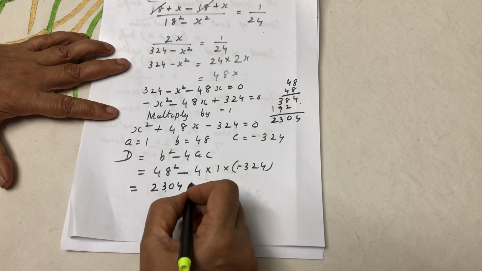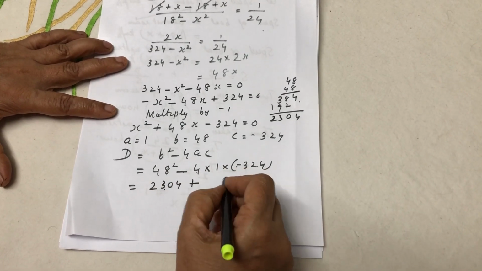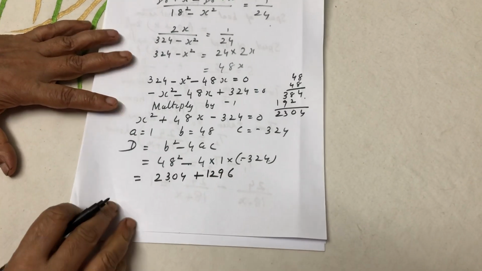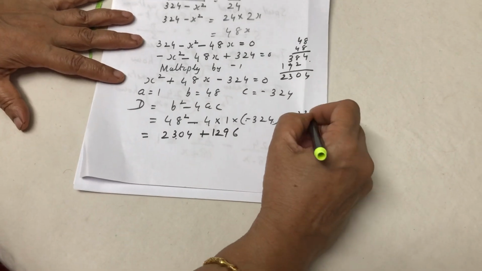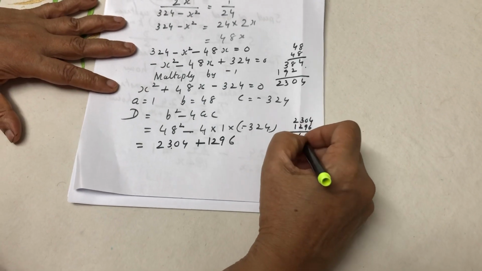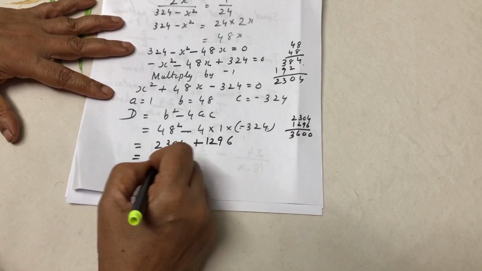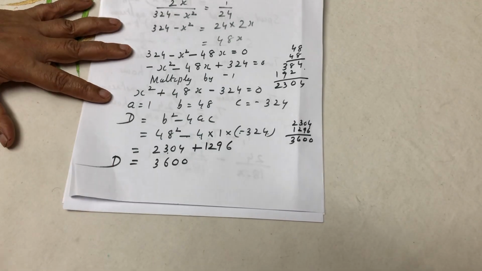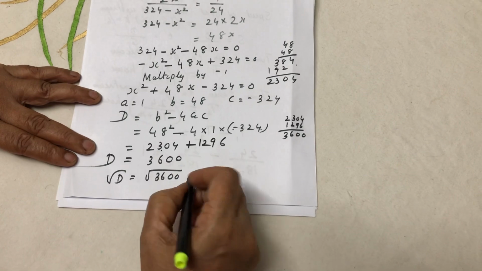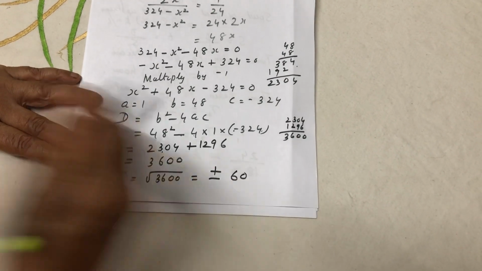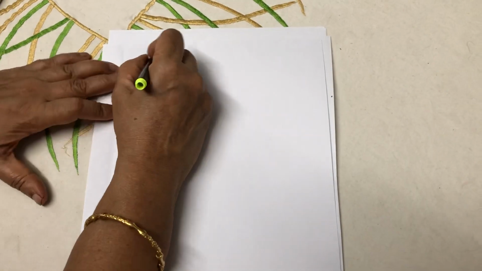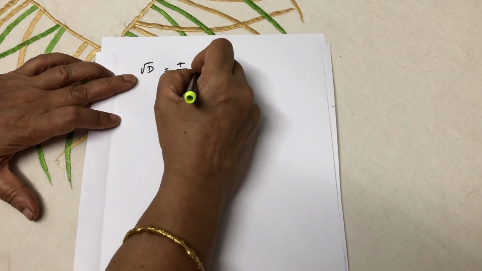This minus into minus is plus. Then 4 into 324 is 1296. So 2304 plus 1296 is 3600. So D is 3600. Root of D is root of 3600, that is plus or minus 60.